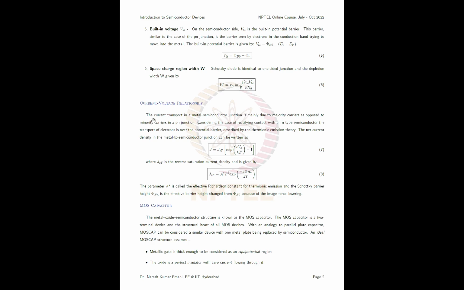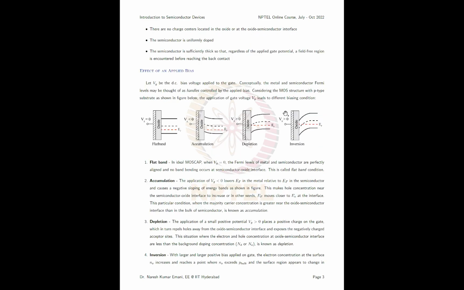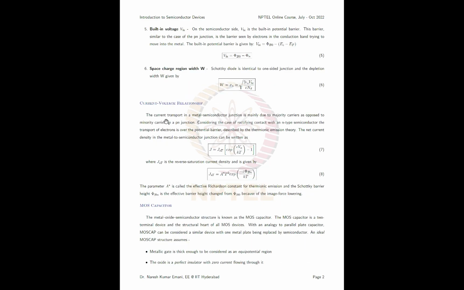Next, the current-voltage relationship. Current in a metal-semiconductor junction is mainly due to majority carriers, whereas in a PN junction the current is due to minority carriers.